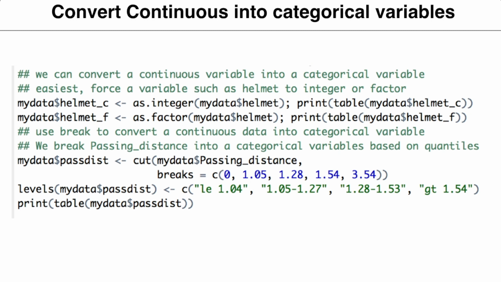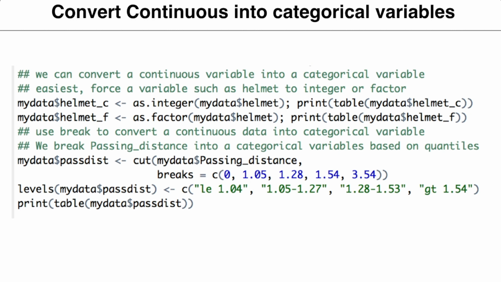Beyond this, there is another way in which you can convert a continuous variable into a categorical variable by using a very simple function called cut. And here I have provided you with an example where you can use the function cut, and take a double.